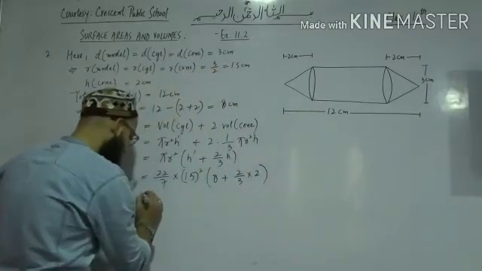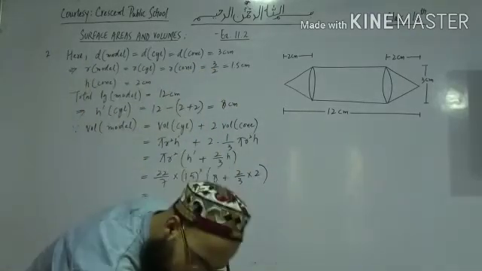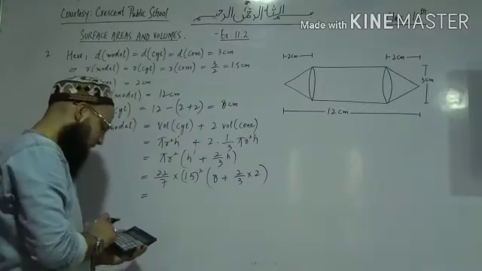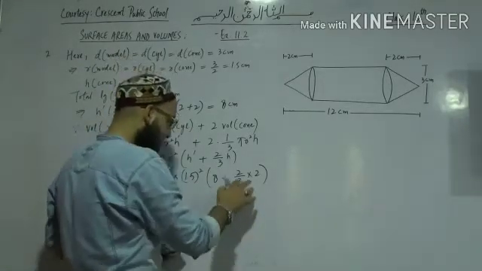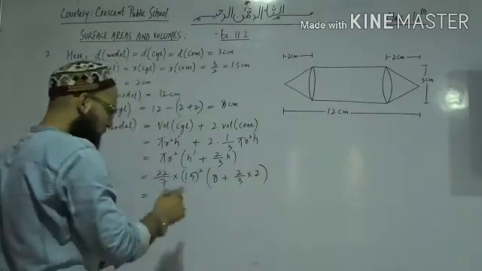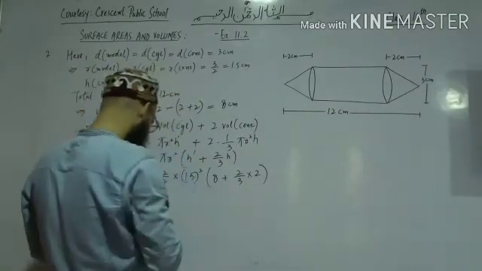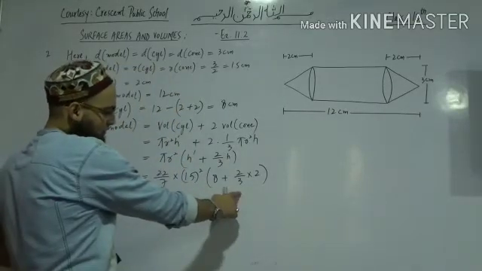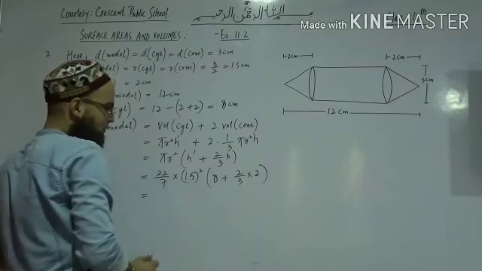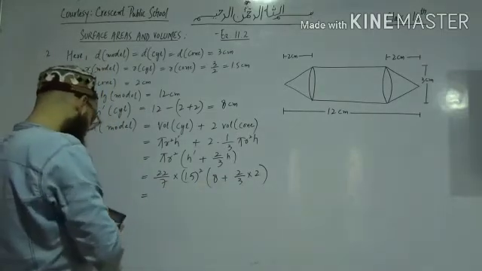Now I can use the calculator. First of all, you can solve this bracket. So 2 times 2 is 4, 4 by 3. Now 8 times 3 is 24, 24 plus 4 is 28, 28 divided by 3.